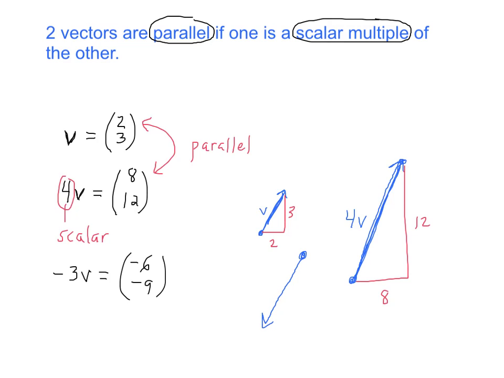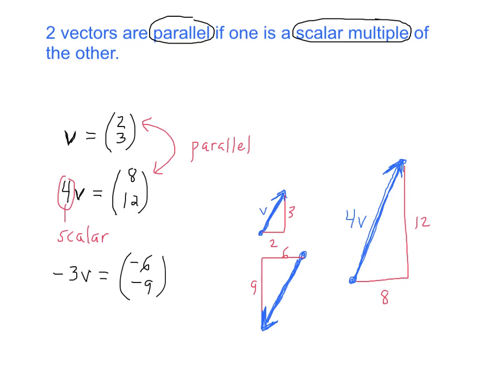I'll label this as a positive 6 and a positive 9, but because we're going to the left and down, the components are negative 6 and negative 9. If we drew it accurately, you'd see this is also parallel. Even though the direction has been reversed, they are still parallel to the other ones, which are going in the opposite direction.